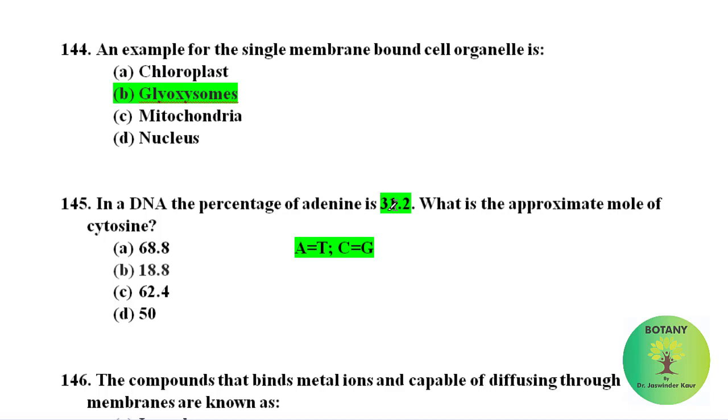Out of 100, when we subtract 62.4%, the rest of the percentage will be of cytosine and guanine. The answer will be 37.6%, and that will be the concentration of both cytosine and guanine. To find the percentage of cytosine, we divide 37.6% by 2, and we get the answer 18.8%. That will be the percentage of cytosine, and the percentage of guanine will also be 18.8%.